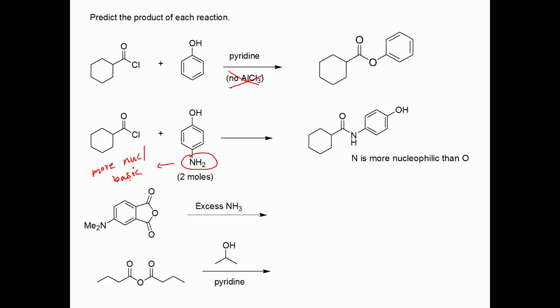The nitrogen is more nucleophilic than the oxygen. We can also look at this from a stability standpoint, but I'm not sure that's the major governing factor here, but the amide carbonyl group is much more stable than the ester carbonyl group. So this is the thermodynamic product.